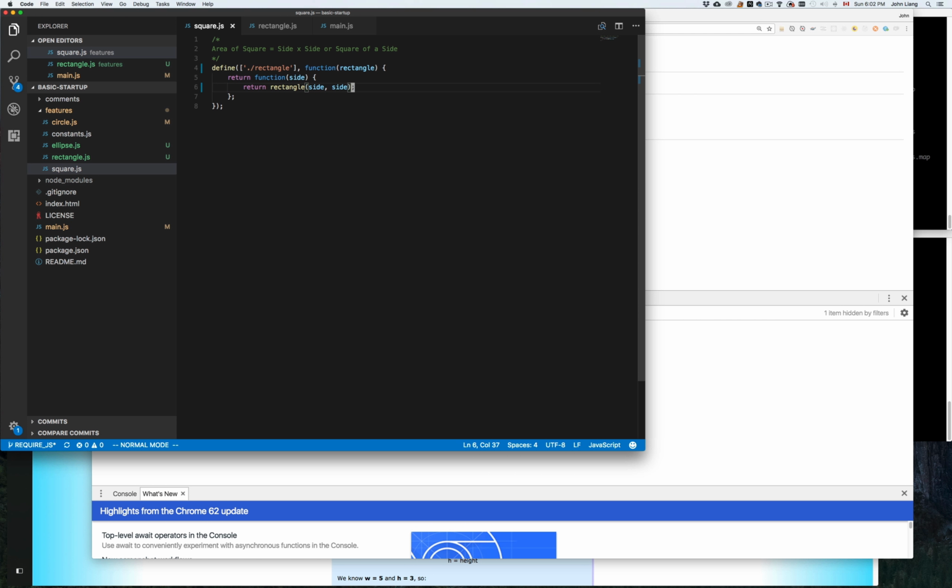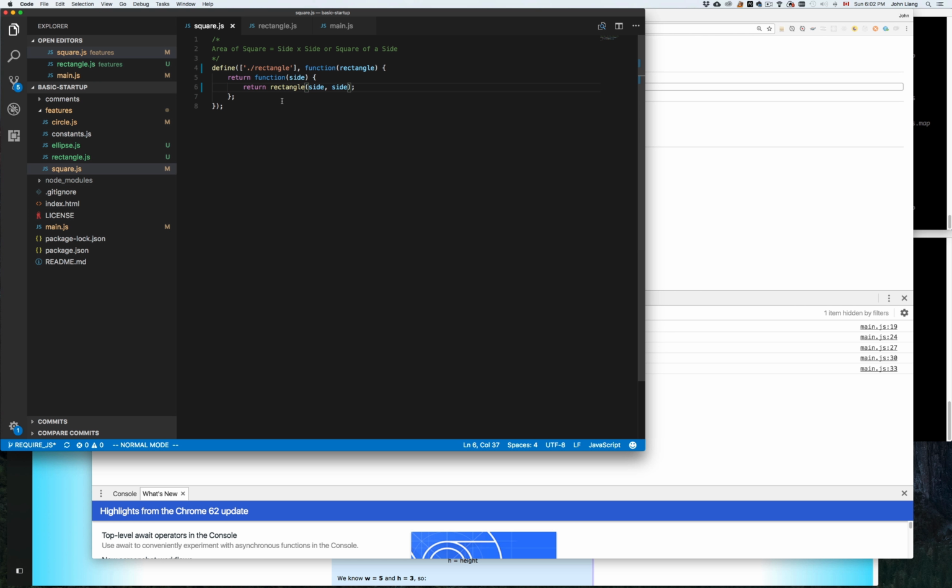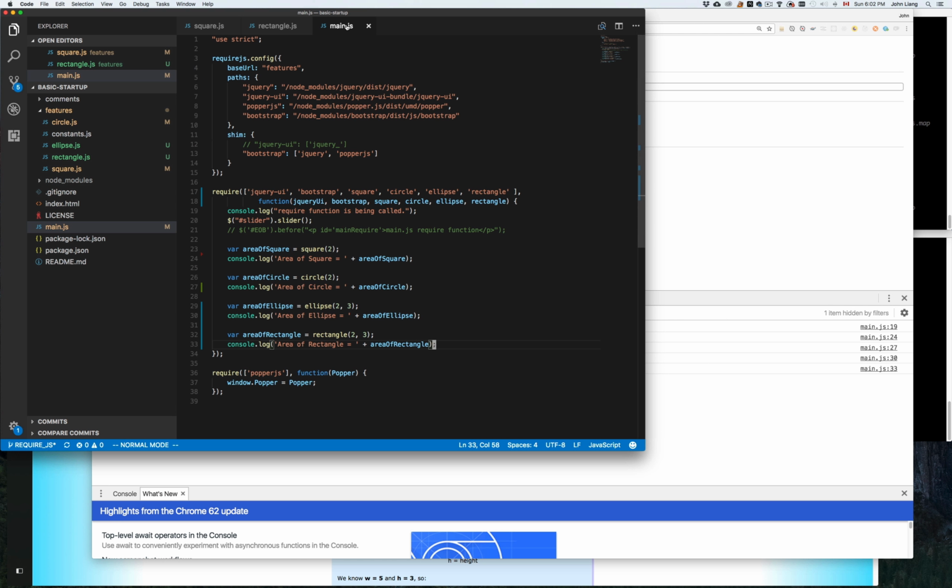Square has only one side length, but rectangle has 2, which is the width and the height. Okay, so let's go back to the main.js, and we are reusing the rectangle function in the square.js.